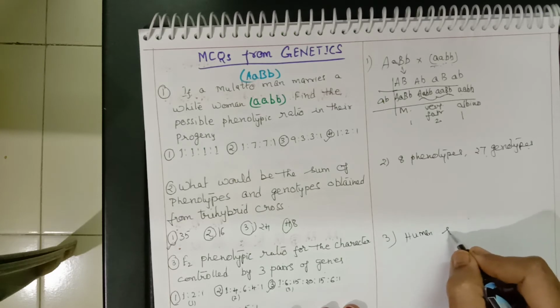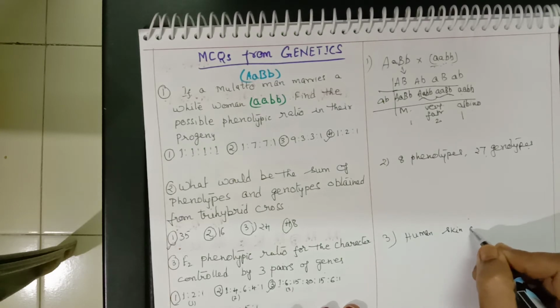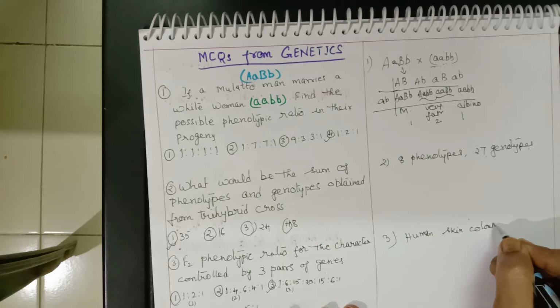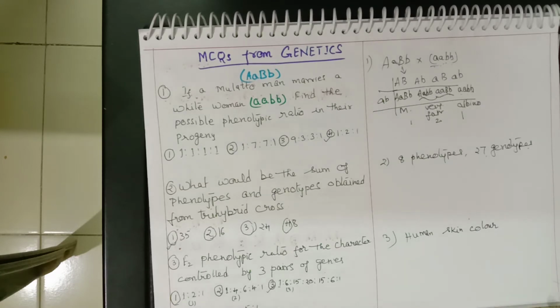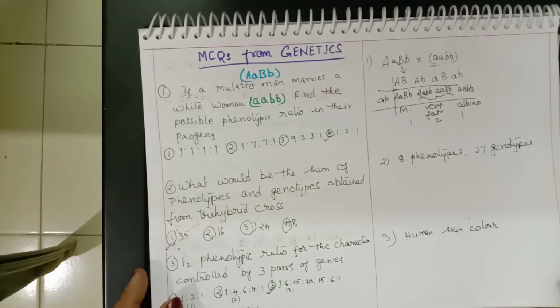Human skin color is controlled by 3 pairs of genes. For this the ratio will be, as it comes under polygenic inheritance, 1:6:15:20:15:6:1. So this will be the answer. This ratio for human skin color you can remember under polygenic inheritance.